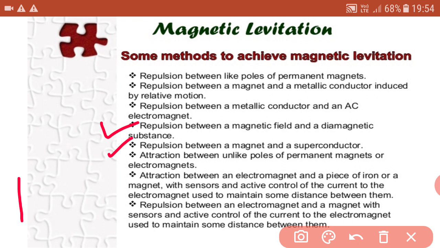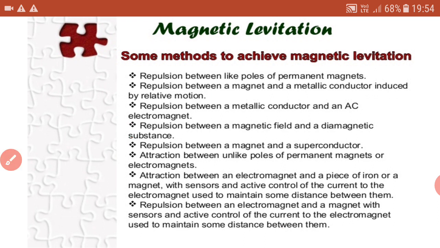Next one is repulsion between a magnet and a superconductor. Nowadays the concept of superconductors is used in many applications. There is repulsion between a superconductor and a magnet, and we can use this principle for magnetic levitation. So this is also one method.